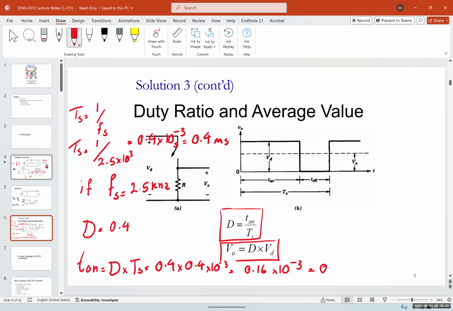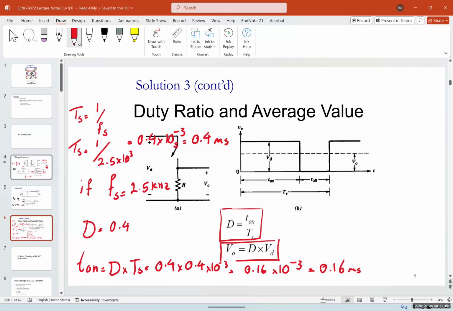Or in other words, it's 0.16 milliseconds. Am I correct? Yes. Okay.